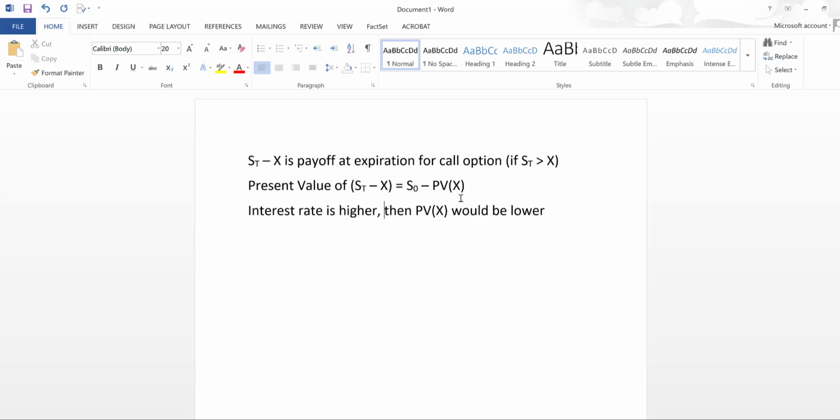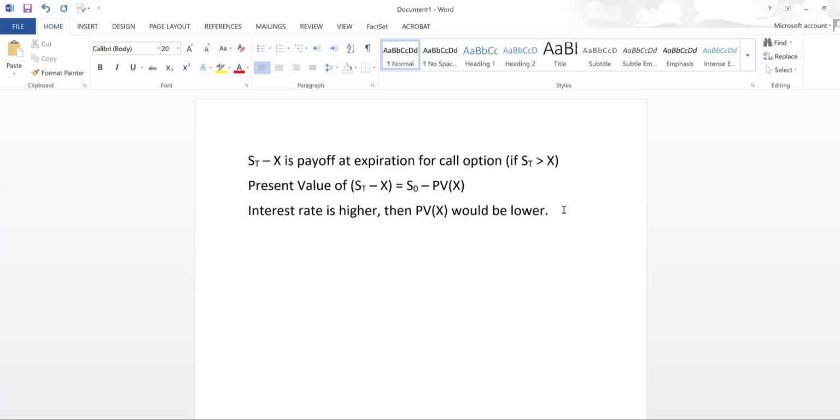Remember, present value, the calculation, the interest rate is in the denominator. Present value of X would be like X over 1 plus R, or something like that. So R is your denominator. So higher the interest rate, higher is the denominator, and therefore lower would be the present value, right? So you already know this. There is an inverse relationship between interest rates, discount rates, and present value.